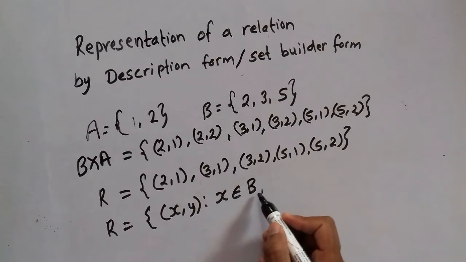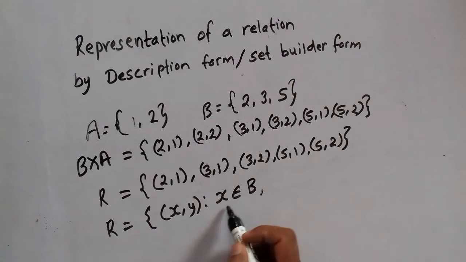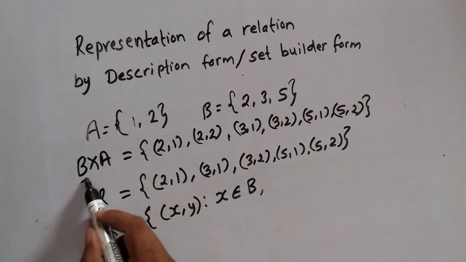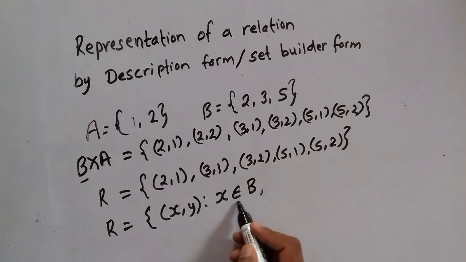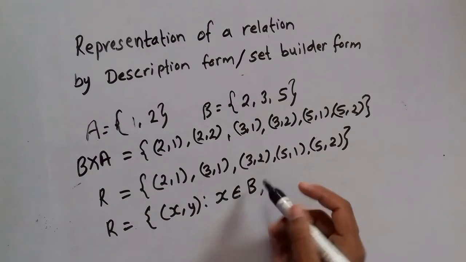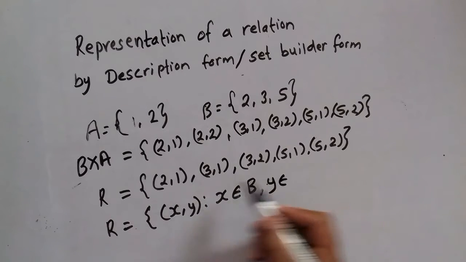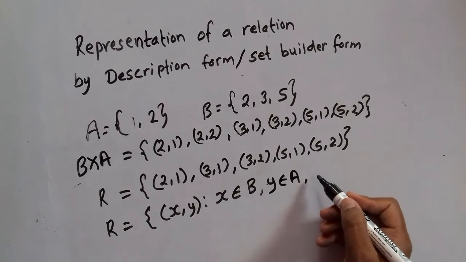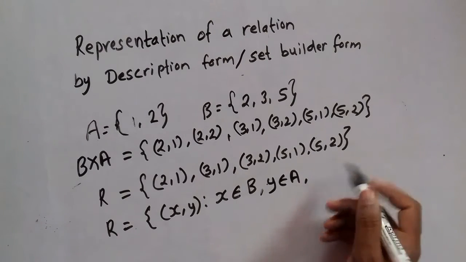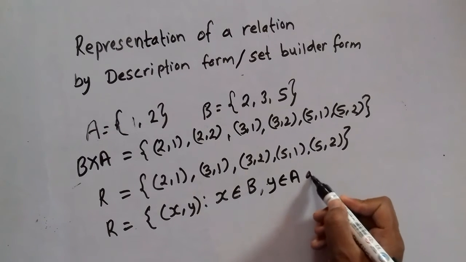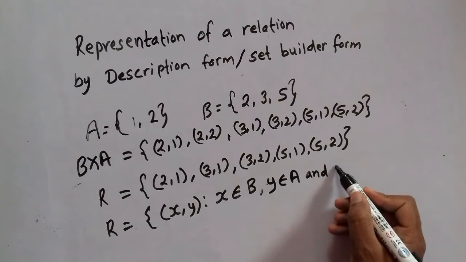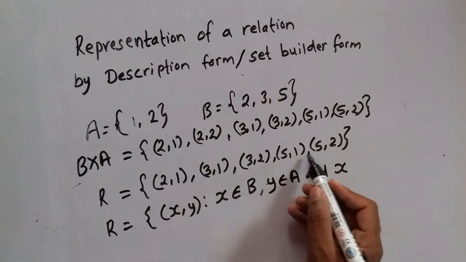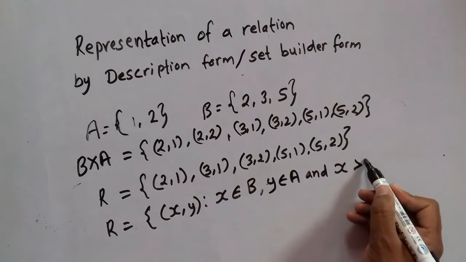Do not be confused that x belongs to always A. X belongs to the first set. Here the first set is B, so here x belongs to B, and y belongs to the second set. Here the second set is A, and we have to write the condition. We can write comma also, or we can write 'and' also. Under which condition we have formed this? x is greater than y.